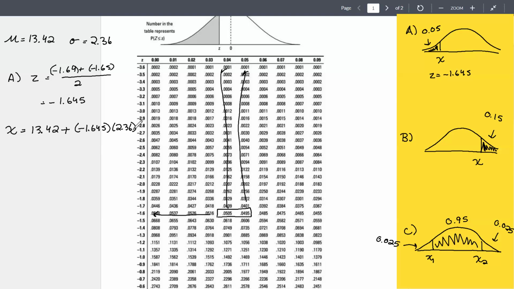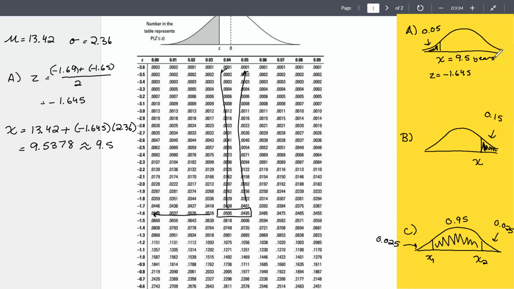So 13.42 minus 1.645 times 2.36 is going to be 9.4378. So we could round this and say this is approximately 9.5 years.